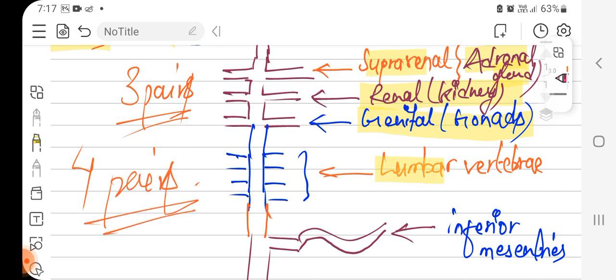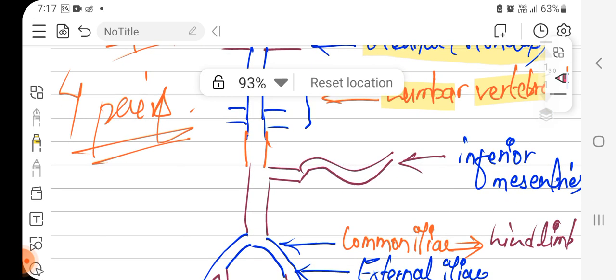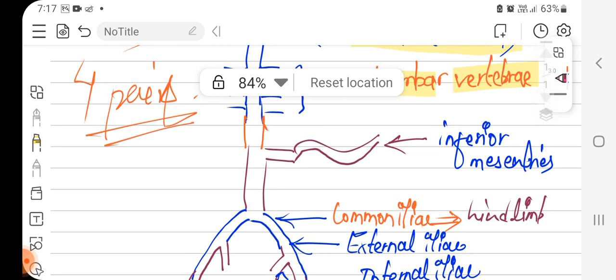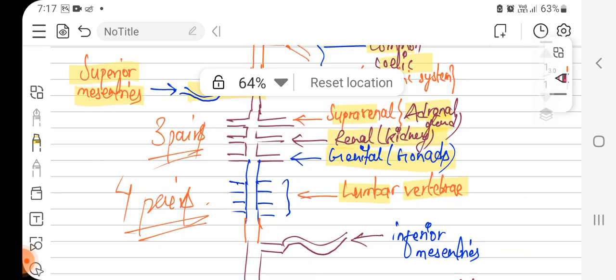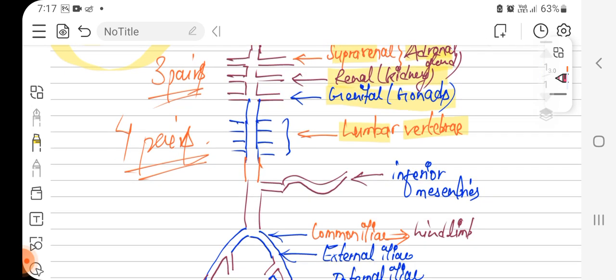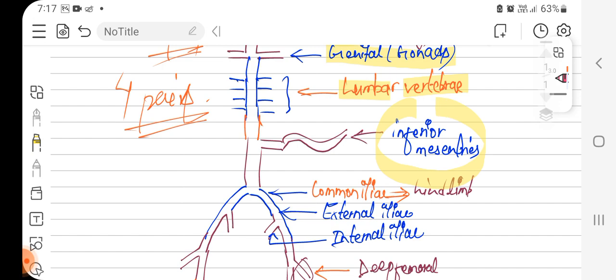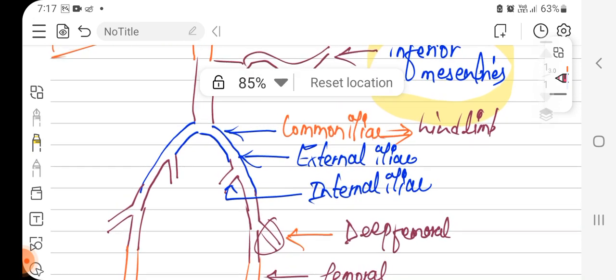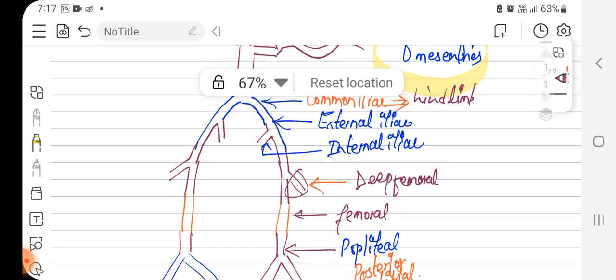Four pairs is known as lumbar, which supplies blood to the lumbar vertebra region. And another we have the opening. This was the opening, and this was the closing. Inferior mesenteric.